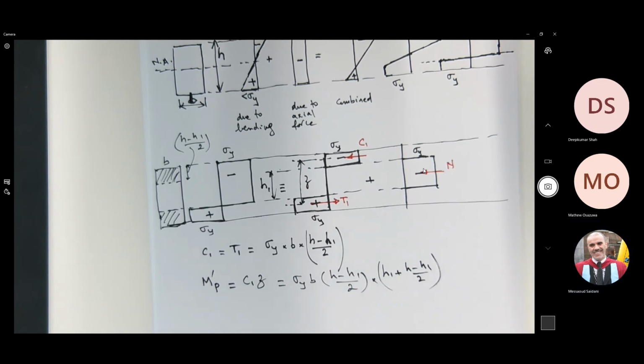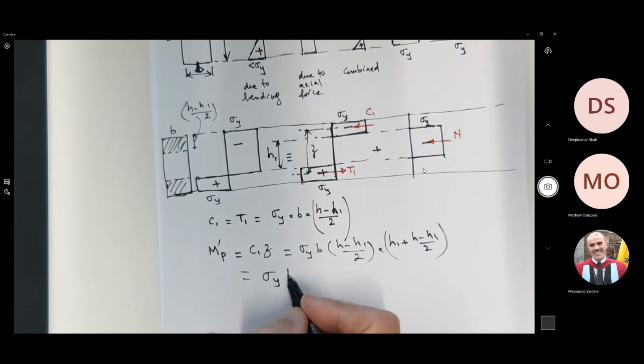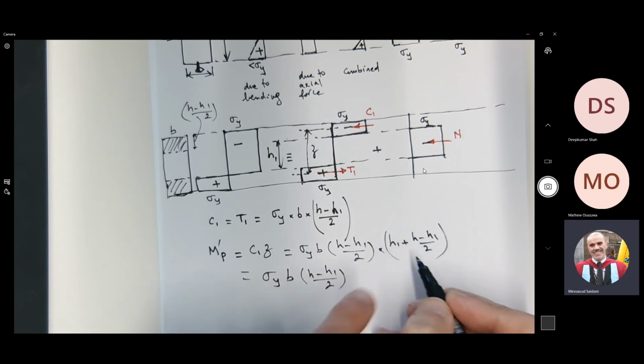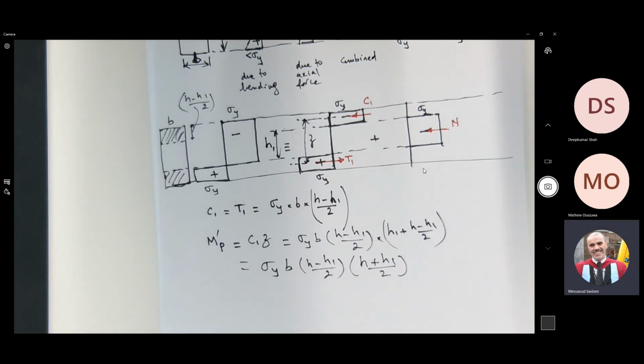Which, when you multiply by 2, gives 2H1 minus H1, so H1 plus H. So that distance Z is (H plus H1) over 2.